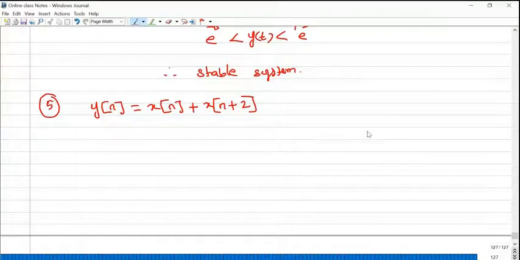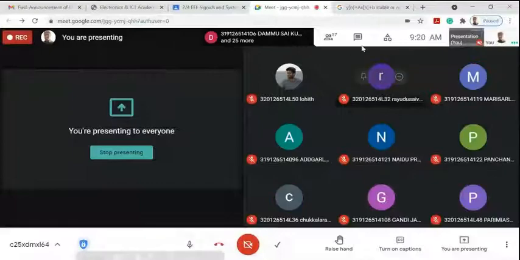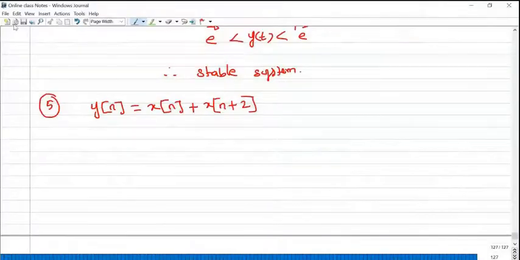Stable system meaning for a bounded input signal, the system output should be a bounded output signal. y of n equal to x of n plus x of n plus 2. Can you tell me whether it is stable system or unstable system? Unstable, sir. How it is unstable?